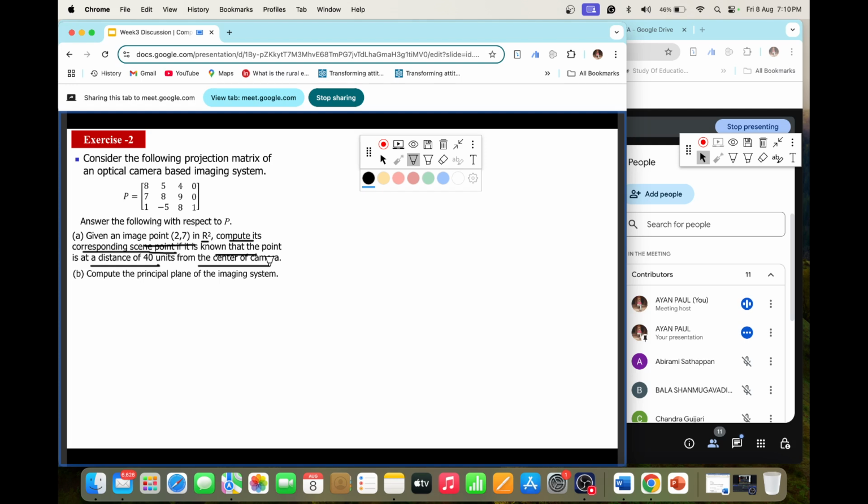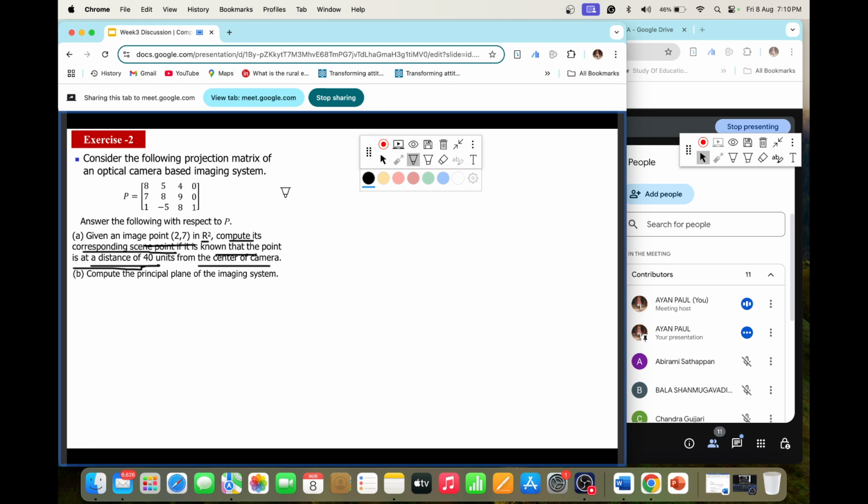So we have to compute the scene point given the image point. Can we compute it if it is at a distance of 40 units from the center of the camera? Here 40 is your f, f equals 40 is given.